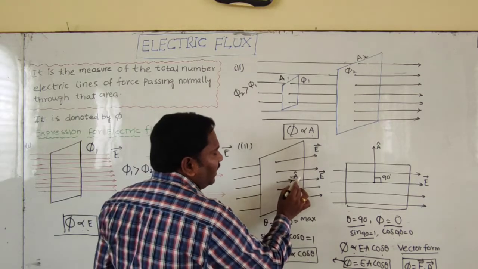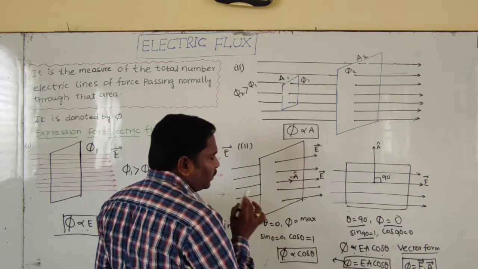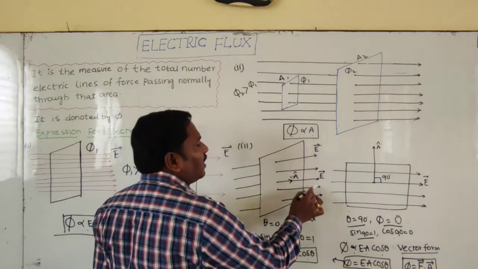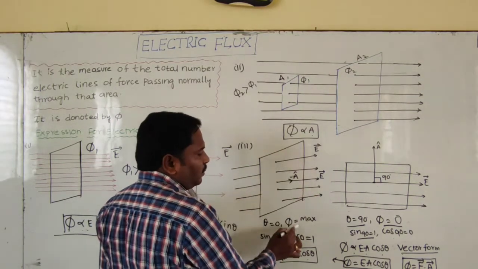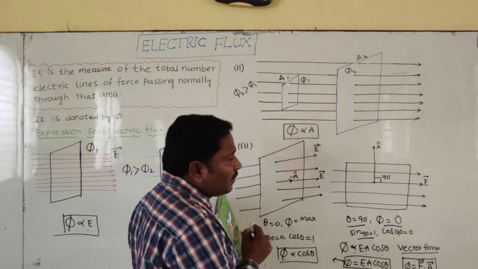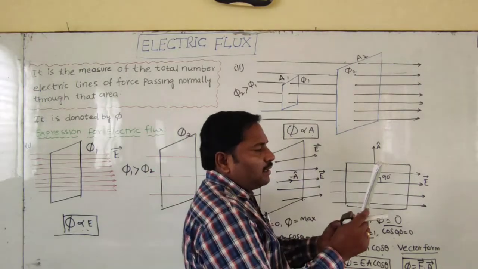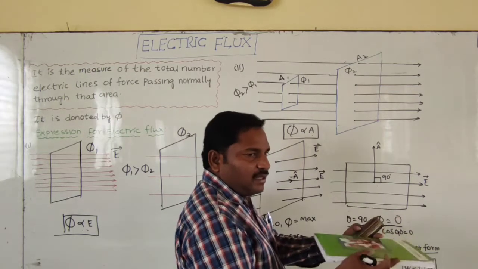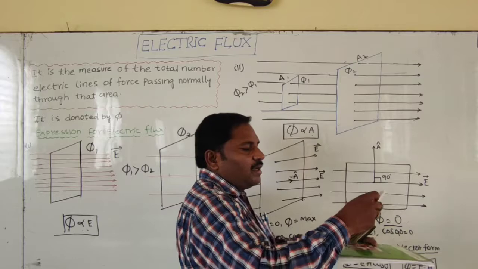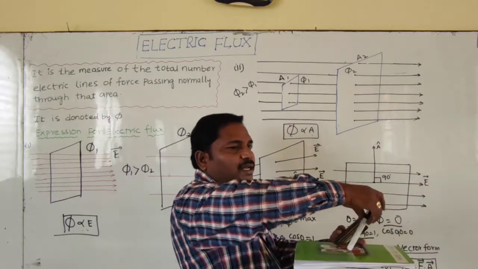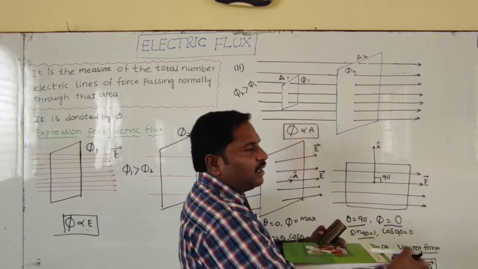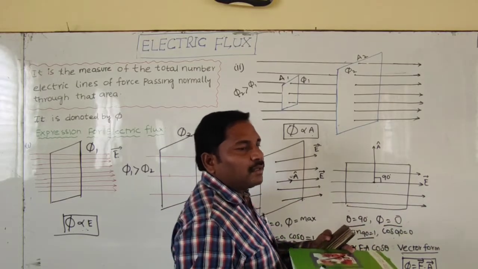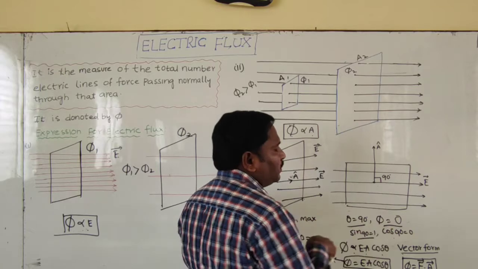So the angle between the area vector and electric field is 0. Here almost all the electric lines pass normal to the surface, so the flux is maximum. Now the orientation of the loop changes like this. The area vector is in this direction and the field is in this direction, so no electric lines of force cross the surface normally. That means the flux is 0.